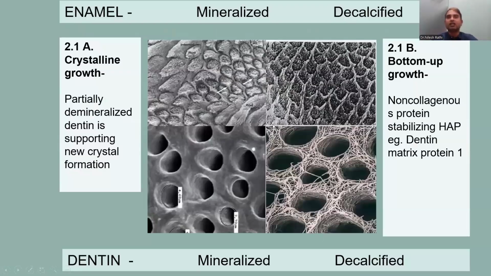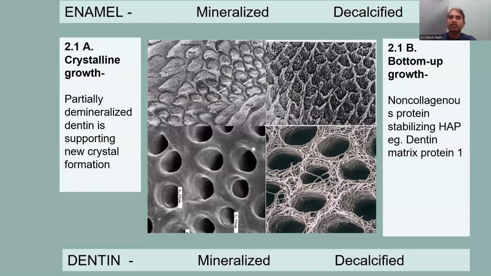So to summarize the bioactive materials activity for repairing of the demineralized enamel and dentine, it is divided into two categories, that is crystalline growth, which is called top to bottom. This method is applicable when there is slight demineralization of the structure. All of us know that dentine and enamel, both of them contain organic as well as inorganic tissue.